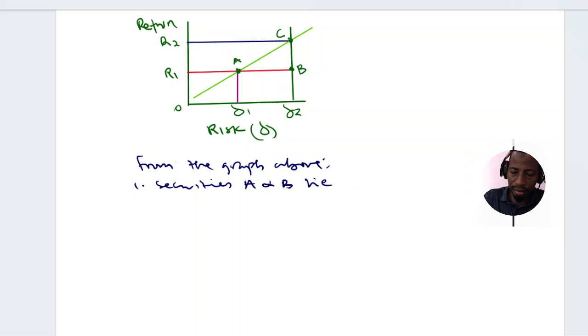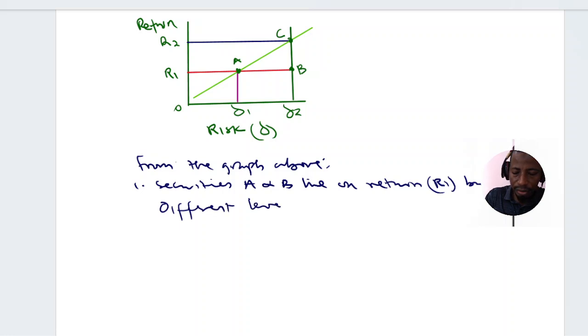Security A and B lie on return R1, but at different levels of risk, D1 and D2.